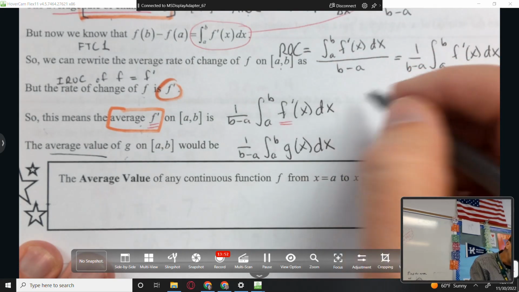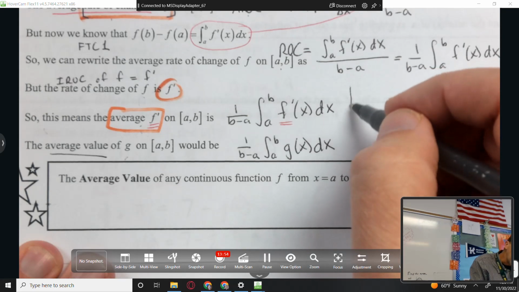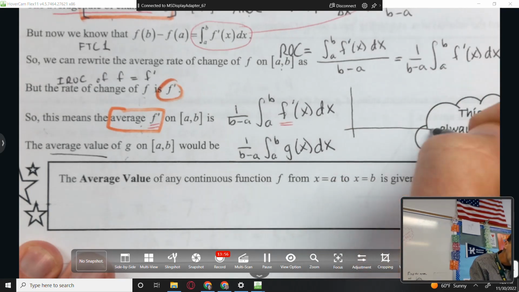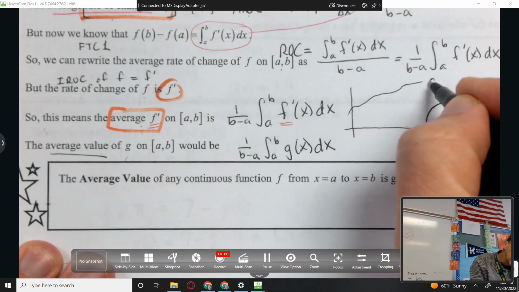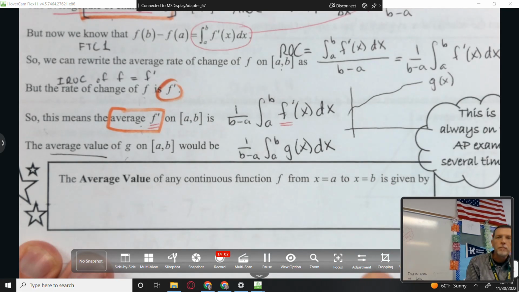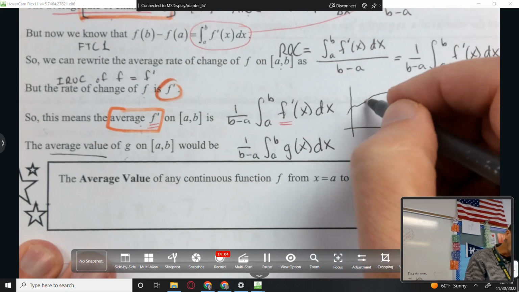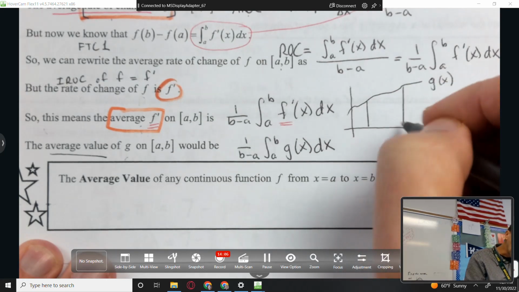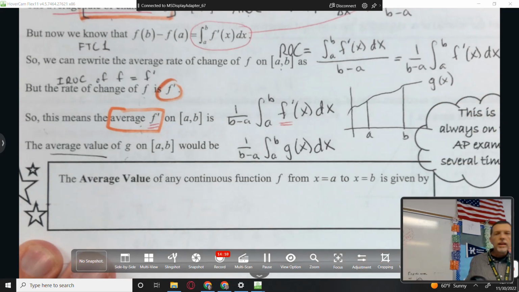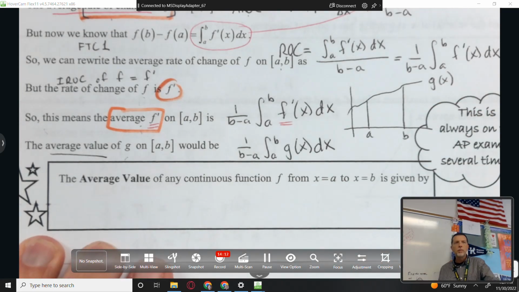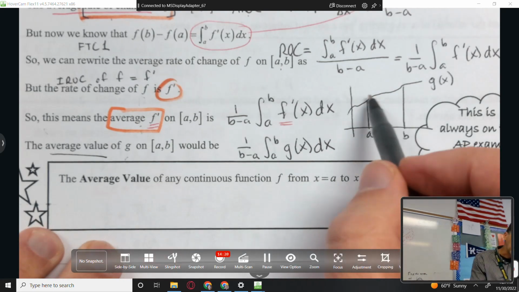Let me show you a slightly different way to get there that I think is maybe easier to understand. Let's say that this is g. And we want the average value from a to b. So that would sort of be the average height. What would the average height be?